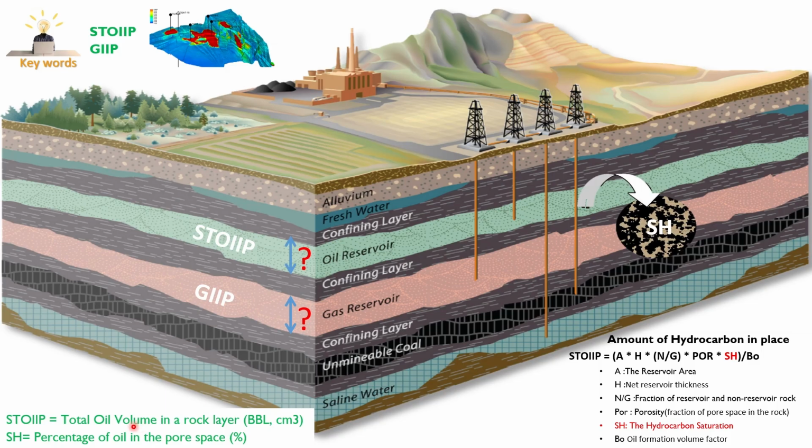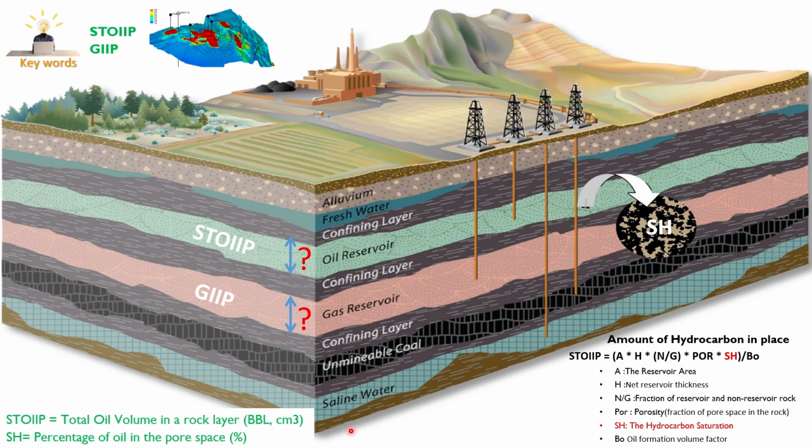It's expressed in barrels or cubic meters, while the hydrocarbon saturation, SH, is not a volume, it's a ratio, it's a percentage. The hydrocarbon saturation tells us how much of the pore space is filled with hydrocarbons.